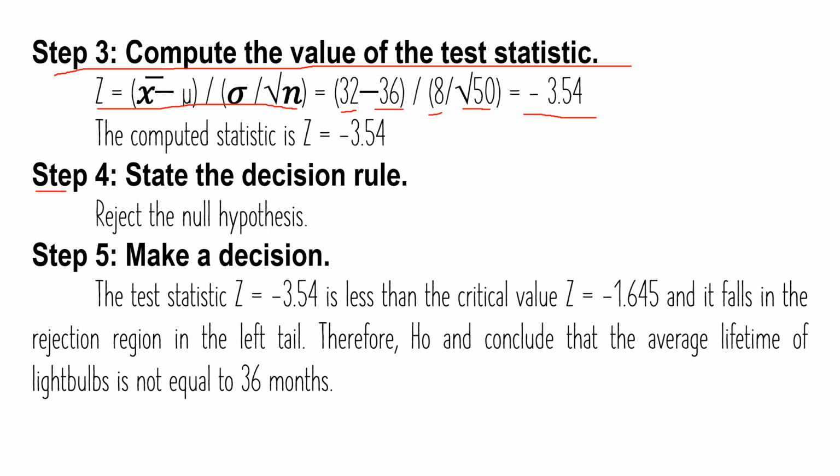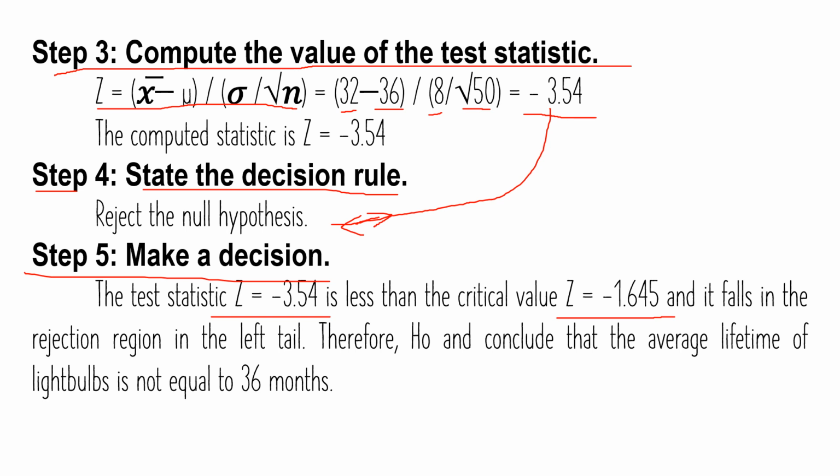Now, in step number 4, state the decision rule. So we're going to reject your null hypothesis. Why? Because negative 3.54, in your step number 5. Why do we need to reject your null hypothesis? Because we are just comparing this negative 3.54 and your negative 1.645 here.